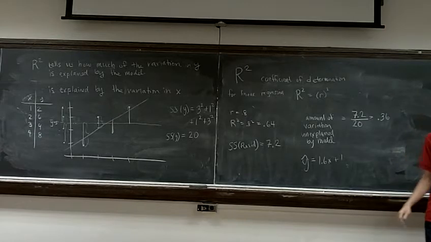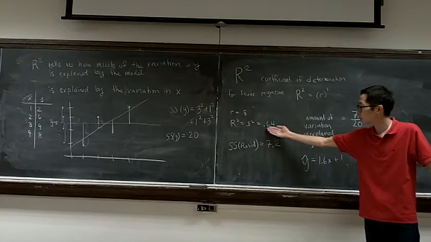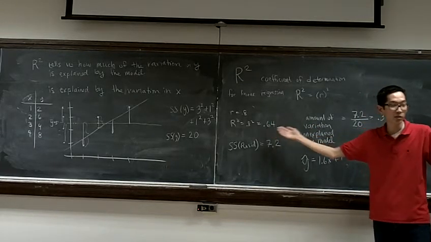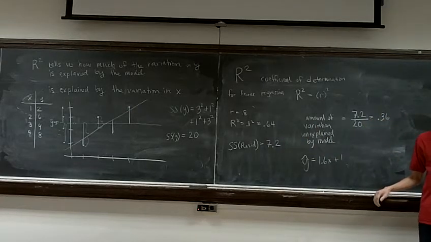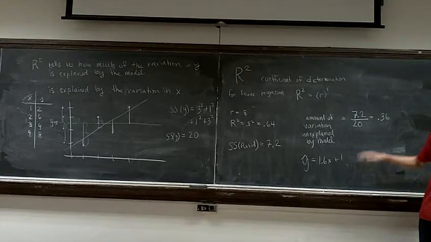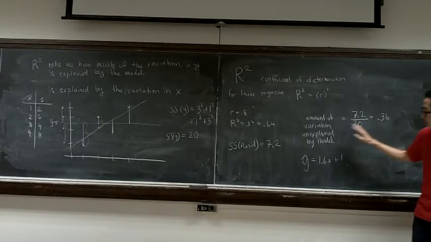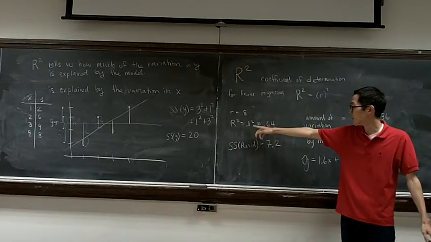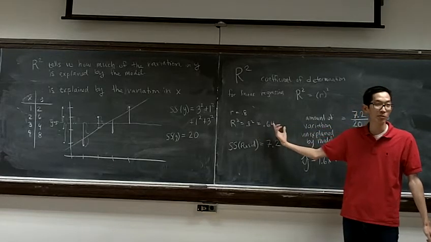Yes? Is the amount of variation unexplained always going to be the complement of R squared, capital R squared? Yes, yes. So this is the amount explained by the model, so 1 minus that will always be the amount unexplained by the model. So what's the purpose of the calculation? I was just illustrating, okay, because here we just took R, 0.8, and we squared it and we got 0.64.